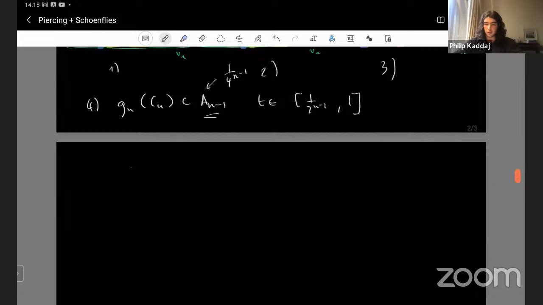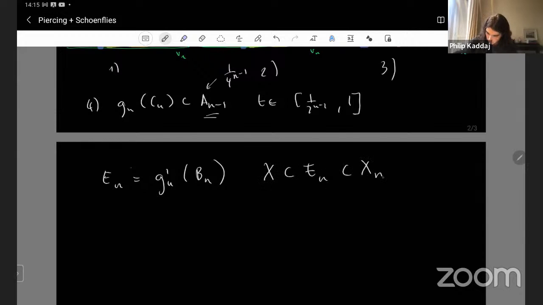Right. So then the balls we want are these, and by construction we have the intersection of X_n is equal to the intersection of E_n, which is what we wanted.